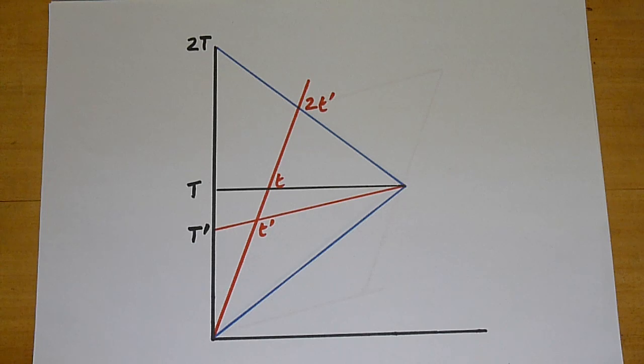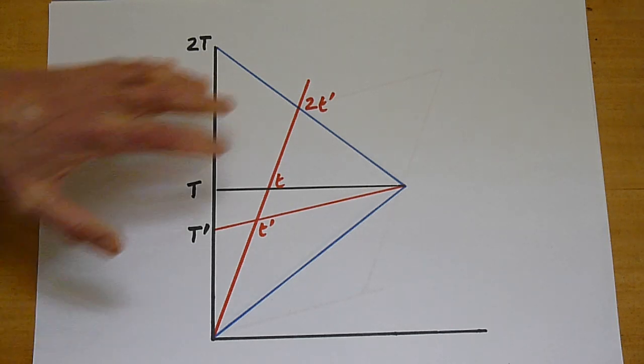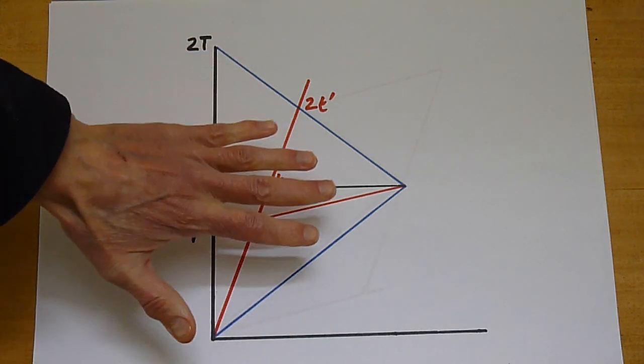So proponents of the theory have to own this diagram. And as I've said, it works, but it only works because we've invented another dimension.